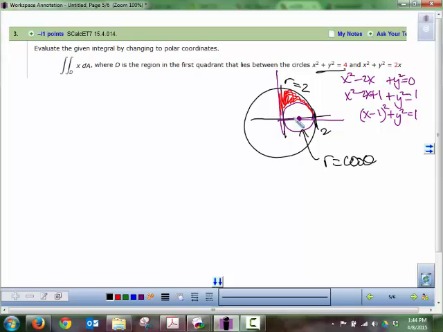So now this is the case that we're not dealing with circles or washers now. Circles are centered at the origin and washers centered at the origin, but now we have a circle that's centered somewhere else. And so this is a function. r is a function. Now remember that your r is a radial distance from the origin out to whatever region you're describing.